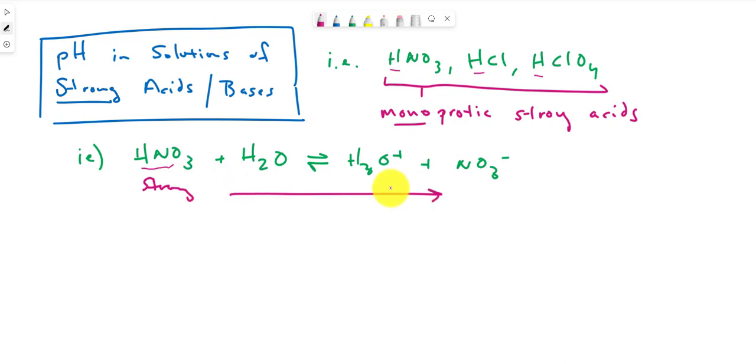And specifically, when we talk about strong acids, we're talking about things that dissociate 100%. If they dissociate 100%, then that means all of that nitric acid, HNO3, will get converted to the nitrate and corresponding H3O+. That's what strong means. In other words, strong acid means that you don't have any of the acid actually in solution. It totally dissociates.